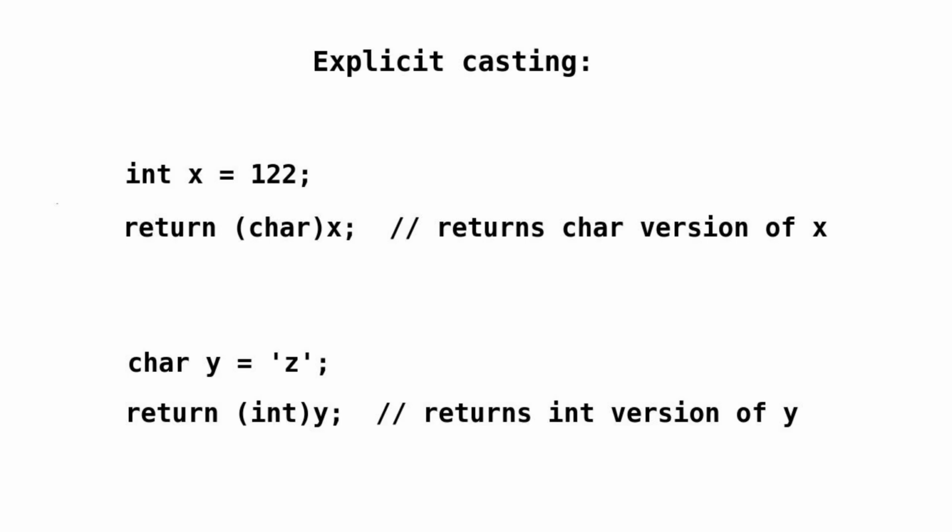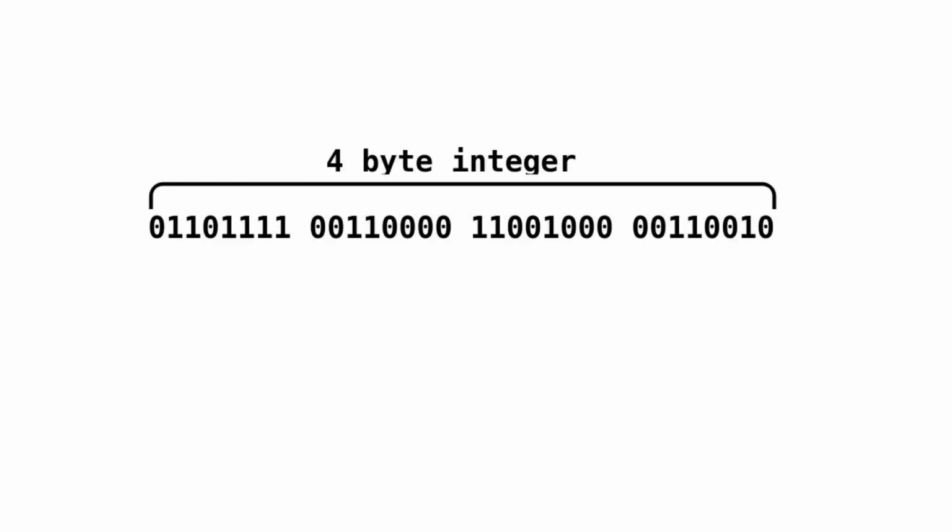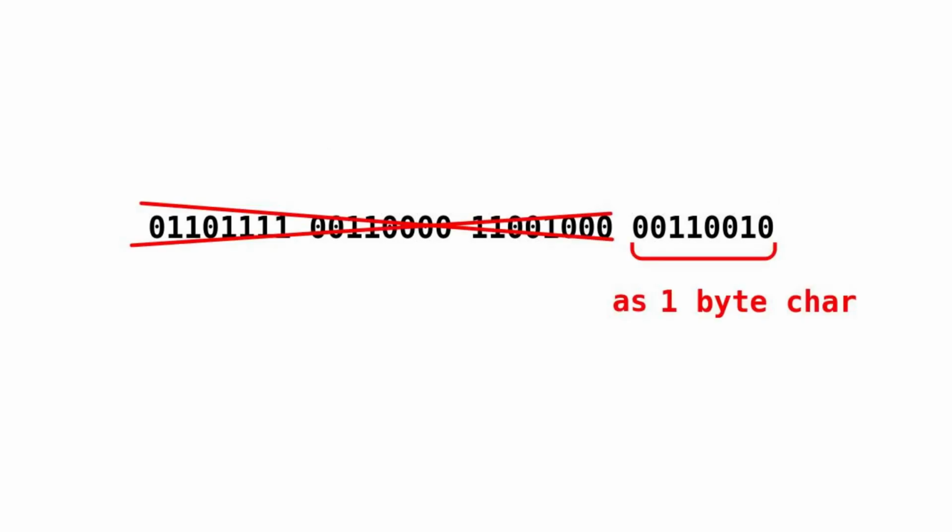We can usually do this back and forth from char to int with the simple casting operators in parentheses. Although something to note is that integers can be 4 bytes long, but a char is only 1 byte. So if you assign an integer larger than 255 to a char variable, only the least significant 8 bits will be assigned and everything else will be ignored.